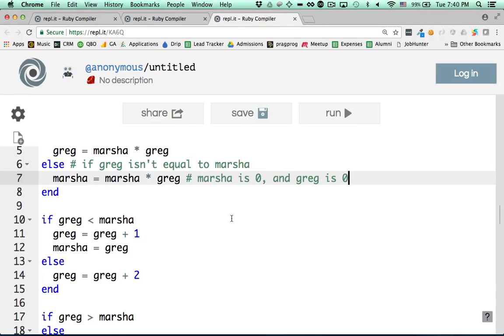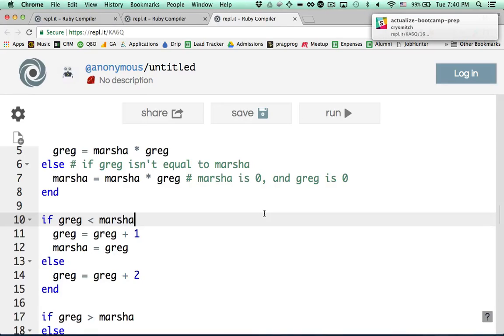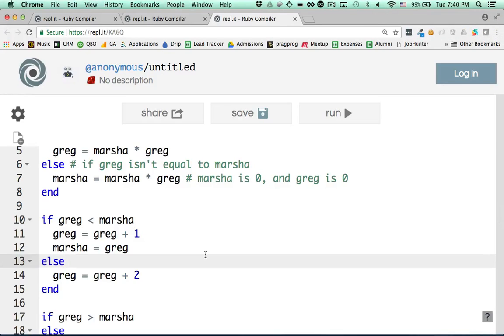And this is where it gets tricky. Well, I don't know if it's tricky, but it's sort of like a trick question. Okay, line 10. If Greg is less than Marcia, is Greg less than Marcia? No, they're equal. So do lines 11 and 12 get run? No. What is line 13? What does the else mean in English? Otherwise. Otherwise, but what? Spell it out.